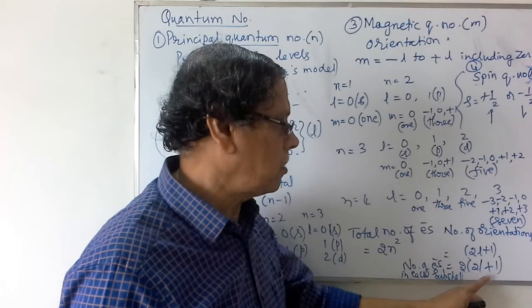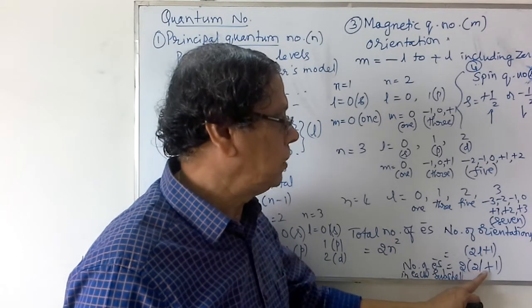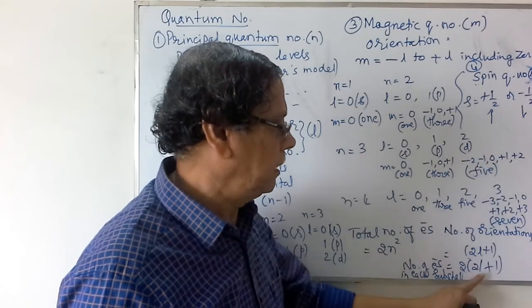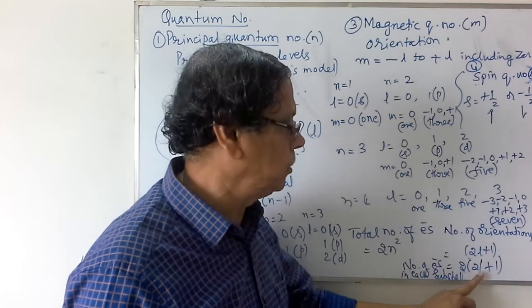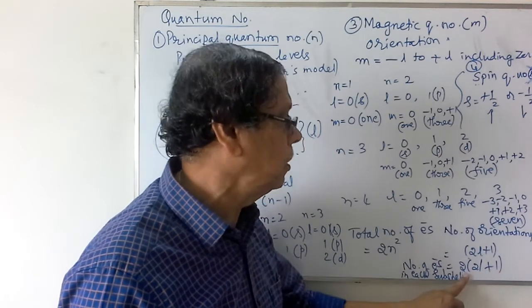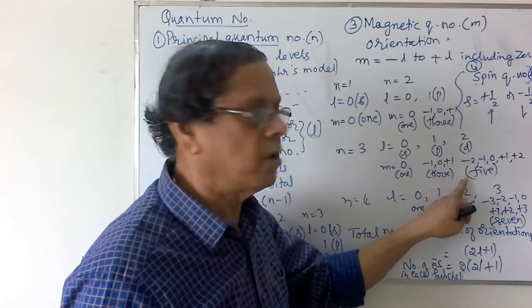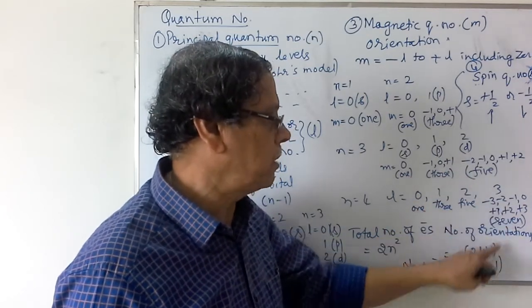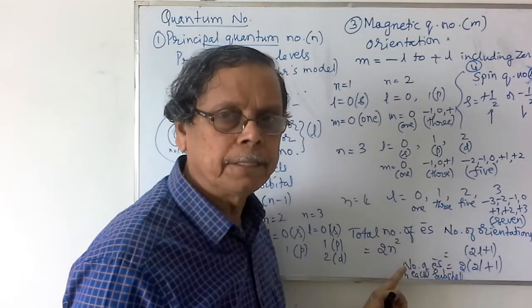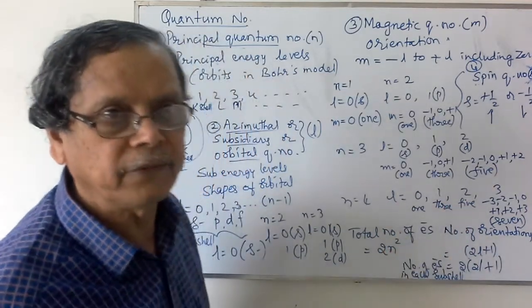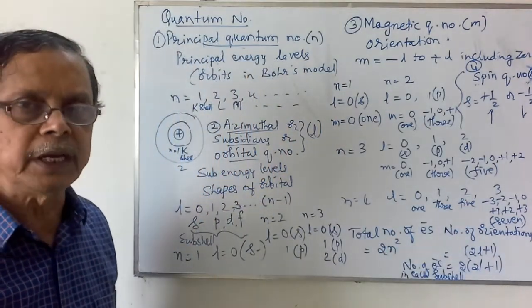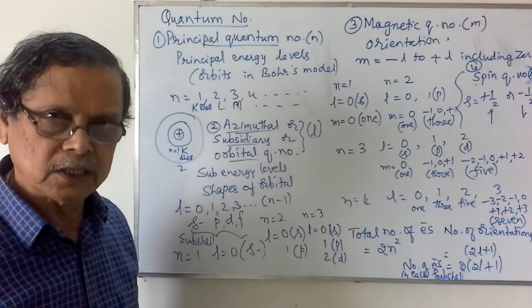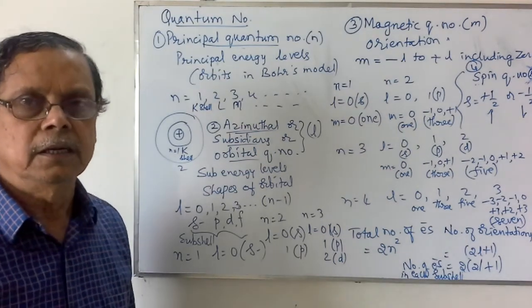The D subshell can accommodate 2 into, L value is equal to 2, 2 into 2, 4 plus 1, 5, 5 into 2, 10. So 10 electrons can be accommodated in the D subshell. Similarly, 14 electrons can be accommodated in the F subshell. So like that we can calculate the number of electrons, the probable positions of the electrons in the various subshells. That we can continue in the next video.